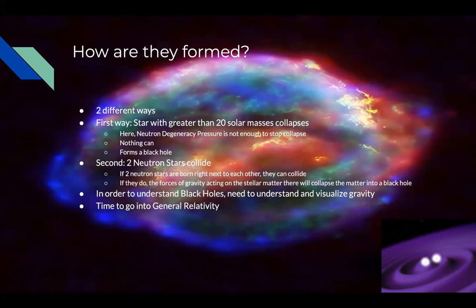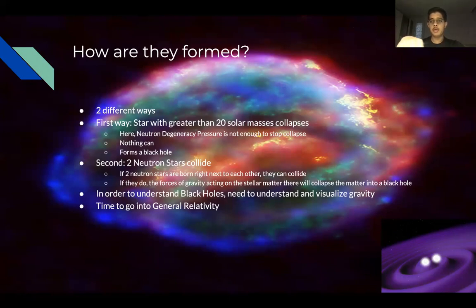A binary system is basically where two stars orbit around a central point. And if two neutron stars are in a binary system, they can collide with each other, and that forms one black hole. Does that make sense? Yeah, makes sense. Thank you.